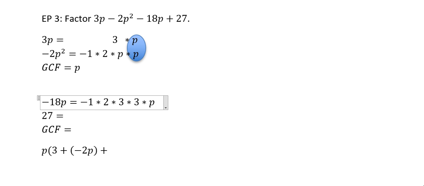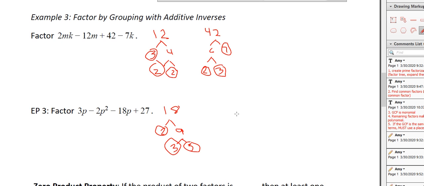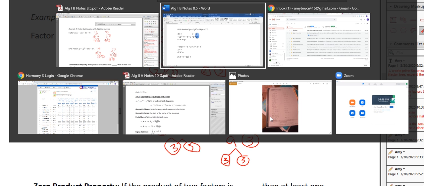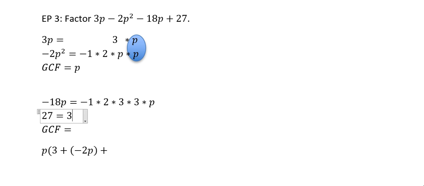So that's our prime factorization there. 27 is 9 times 3, and 9 is 3 times 3. So we have 1, 2, 3 threes as our prime factorization. So that's 3 times 3 times 3.